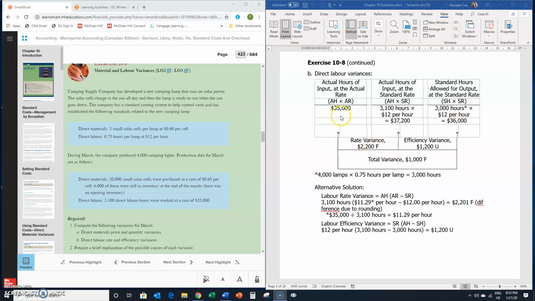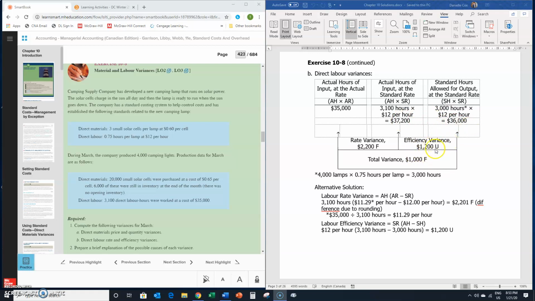So the first two, 35,000 minus your 37,200, that would give us our rate variance. So if you do that, you get a negative number. The negative is actually not put in here, but it's a negative 2,200. Negative number means favorable variance. 37,200 subtract 36,000 would give you a positive 1,200.